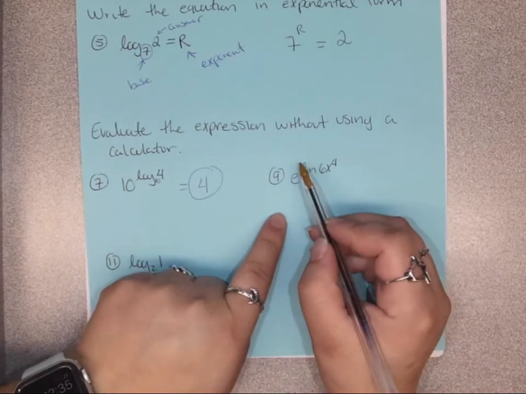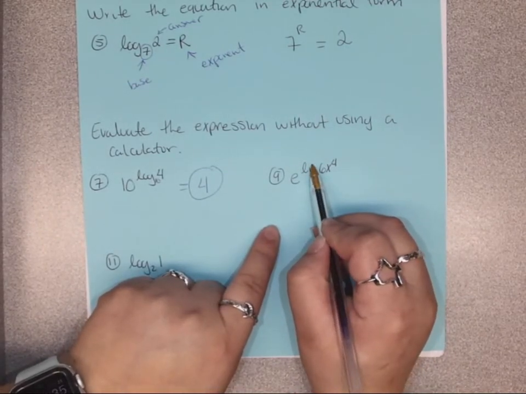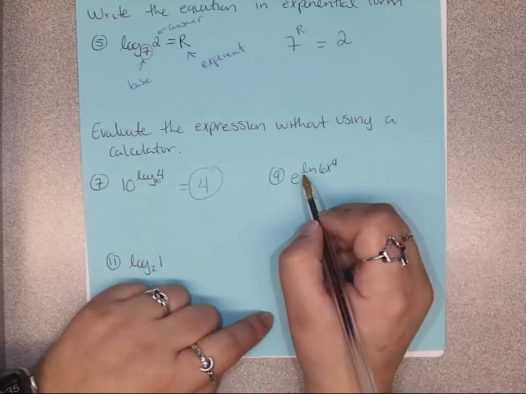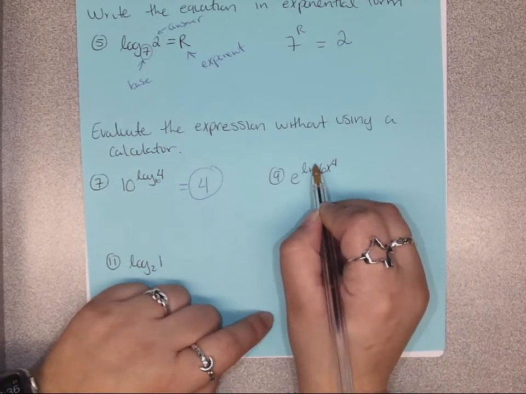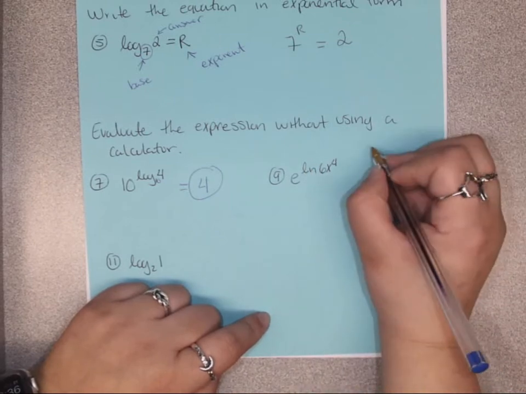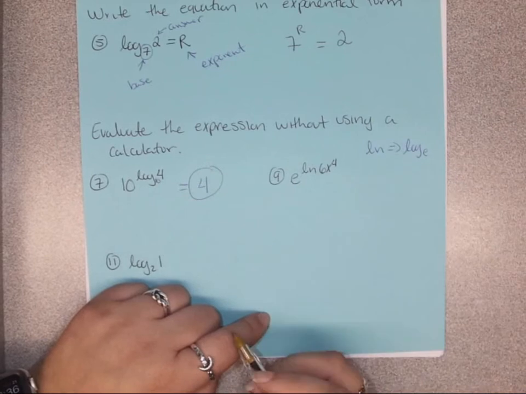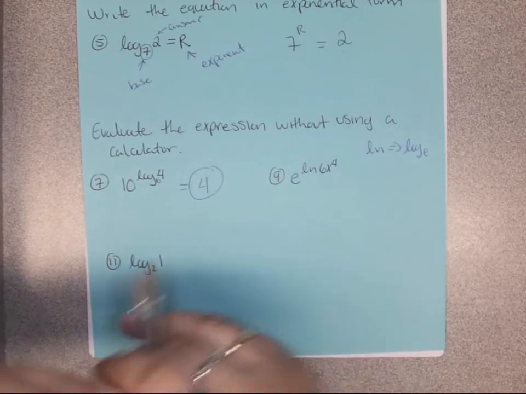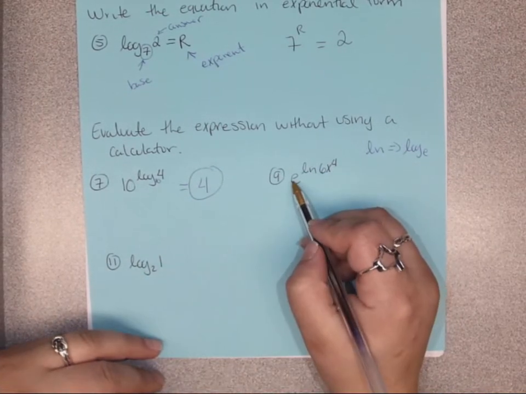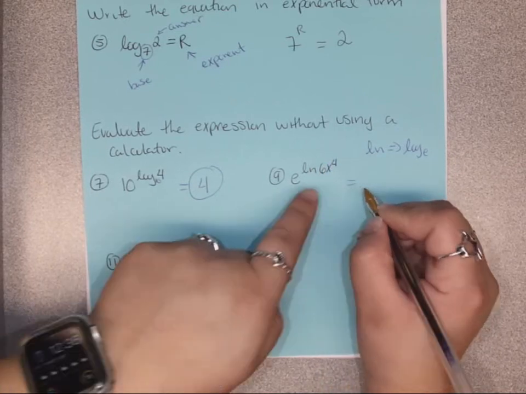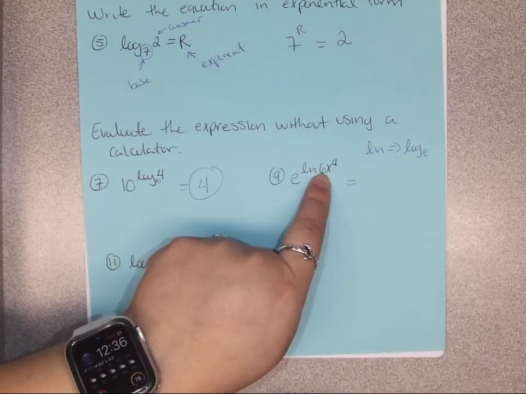Same idea here. You have e to the power of ln of 6x to the 4, right? In this case, you're dealing with e raised to a natural log. Natural log is understood to be log of a base e. So you can think about they're kind of like opposites to each other, right? So if you have e to the power of ln of something, it's just going to equal whatever we have here.